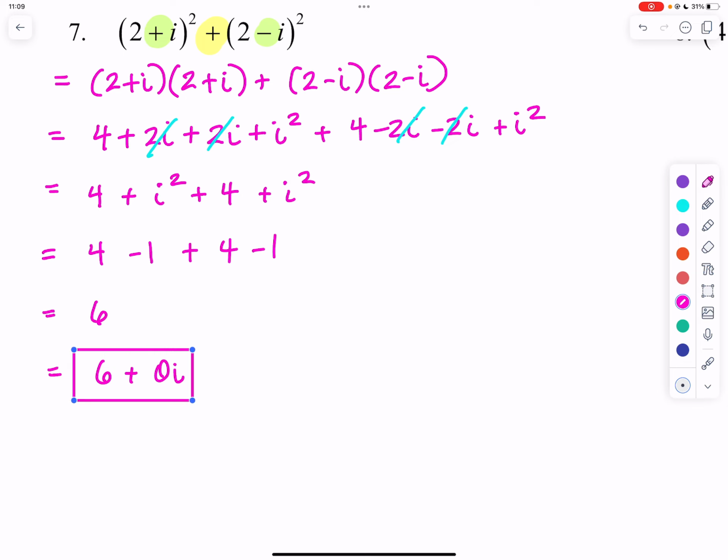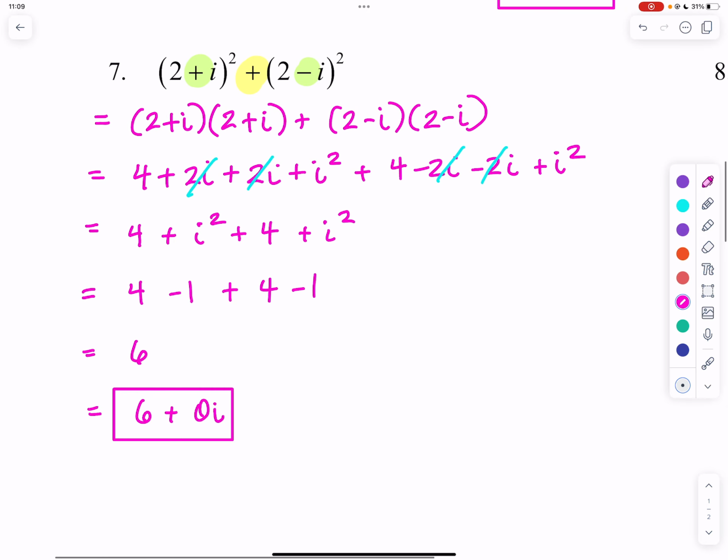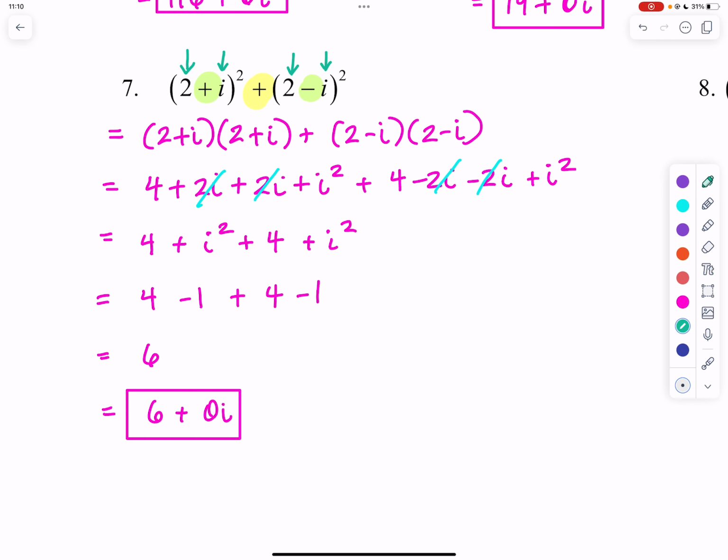Now this pattern may be a little bit harder to see, but basically what we have is our 2 squared and our 2 squared. And then we will subtract 1 and subtract 1 for our L of our FOIL, and outer and inner cancel.